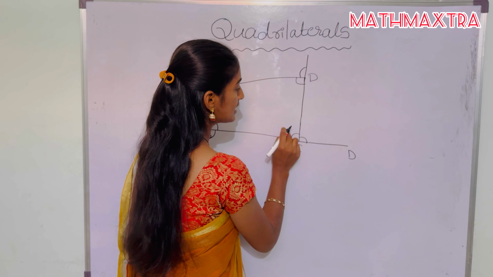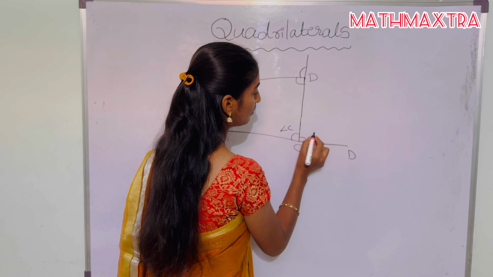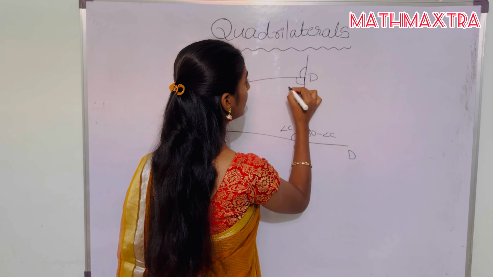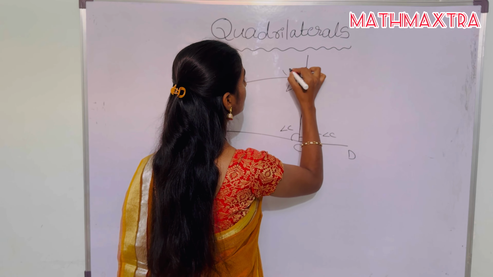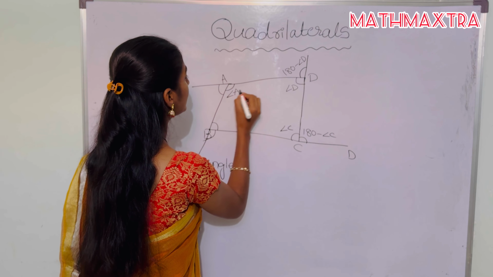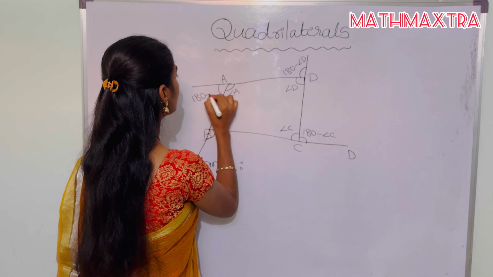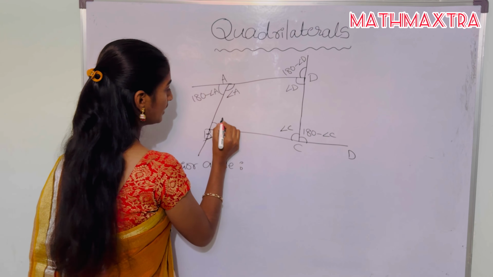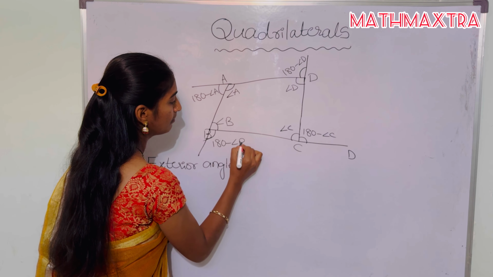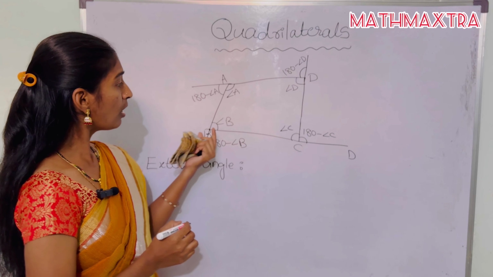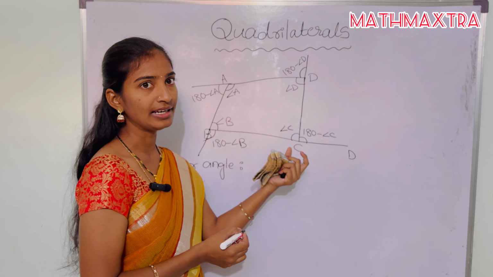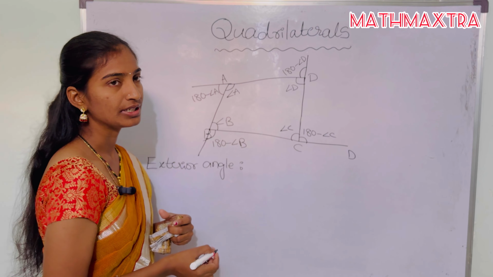If this is angle C, then this is 180 minus angle C. If this is angle D, this is 180 minus angle D. If this is angle A, this is 180 minus angle A, and if this is angle B, this is 180 minus angle B. Okay. So always at each vertex the interior angle and exterior angle are supplementary to each other.